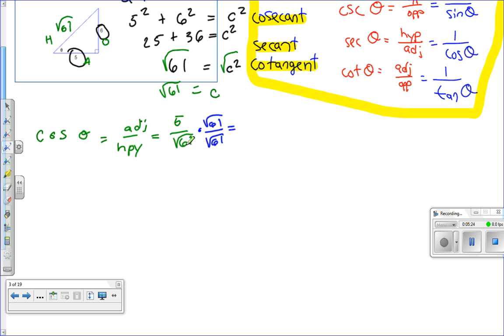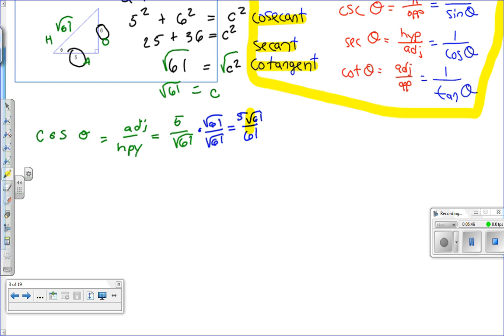It doesn't change the value of the problem, but what it does do is square root 61 times square root 61 is just simply 61, and then on the top we'll have 5 root 61, okay? And that's your final answer for cosine, but you still got to do the other ones. So cosine's done.